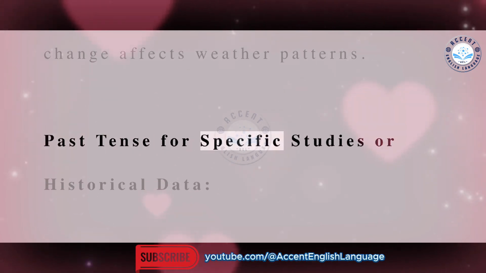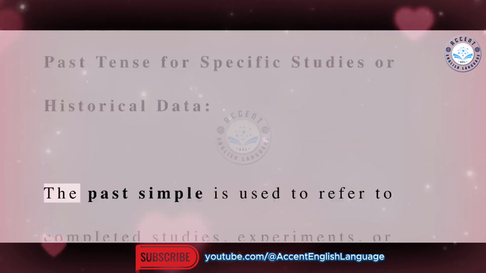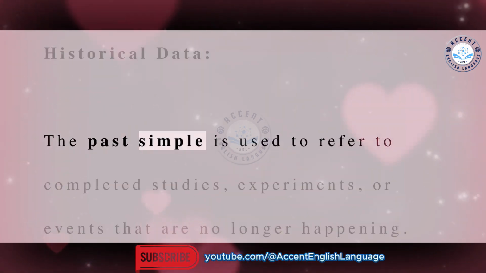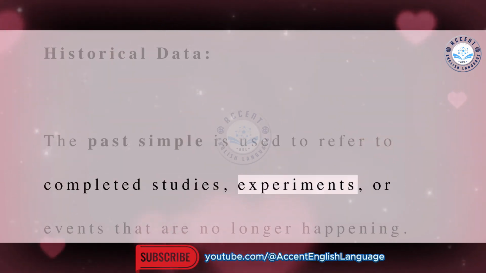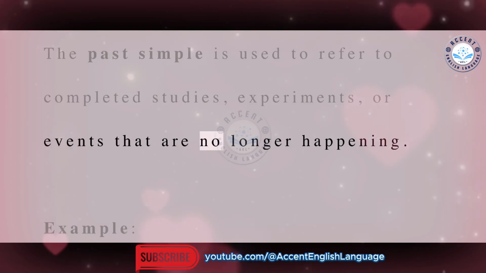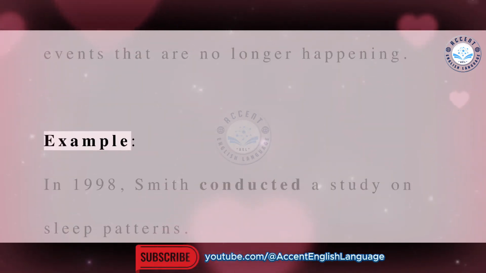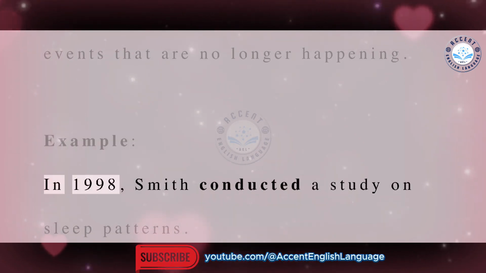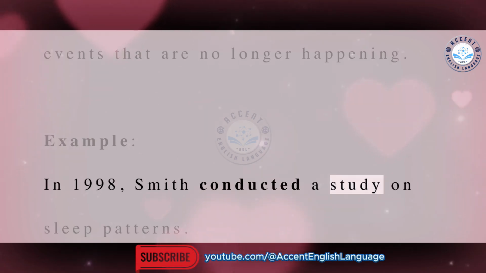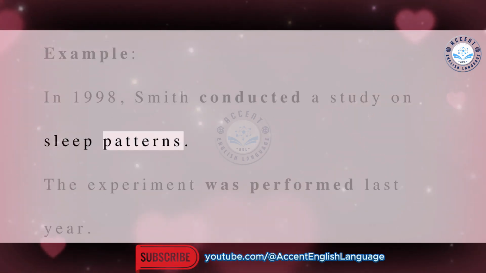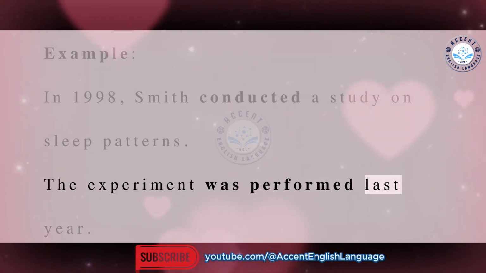Past tense for specific studies or historical data. The past simple is used to refer to completed studies, experiments, or events that are no longer happening. Example: In 1998, Smith conducted a study on sleep patterns. The experiment was performed last year.